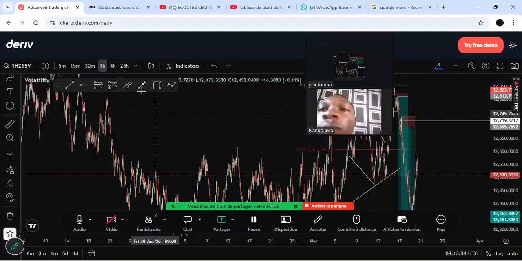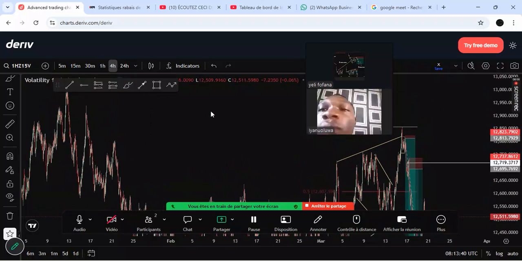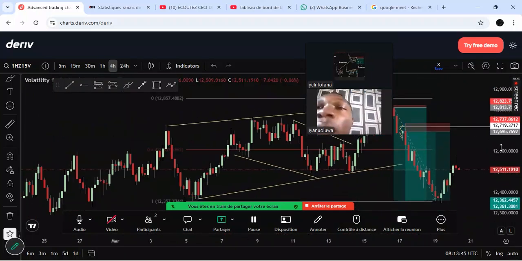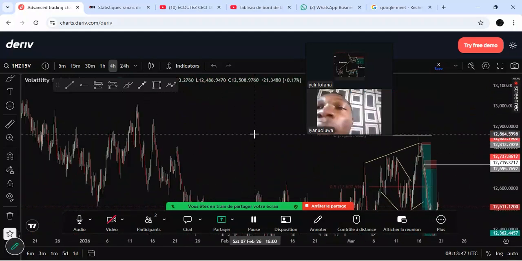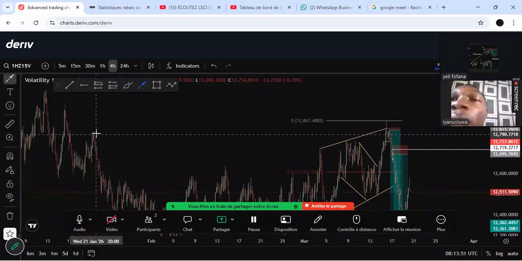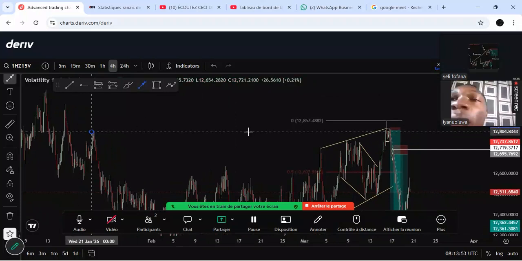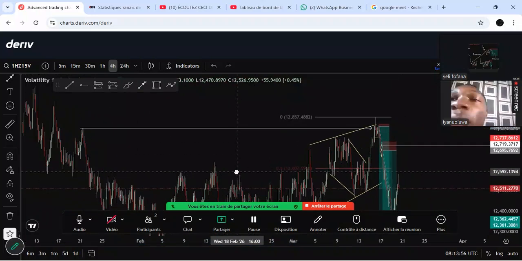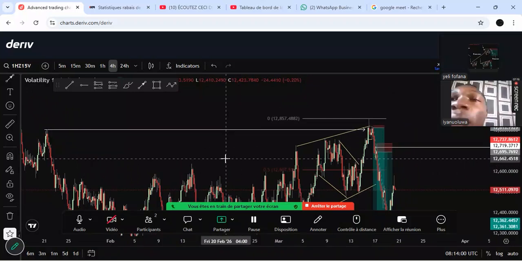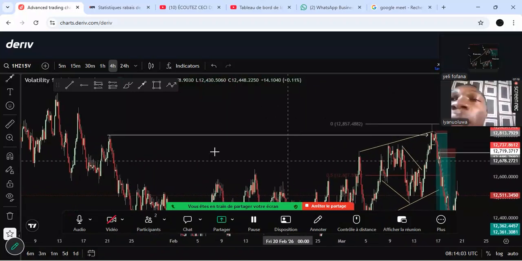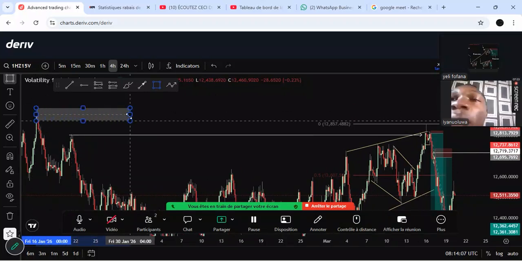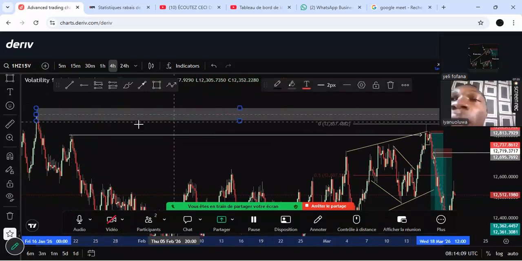The first thing was, you see here, this is a valid area for us as Falcon. And this is another block at this level here that price is gonna tap in.